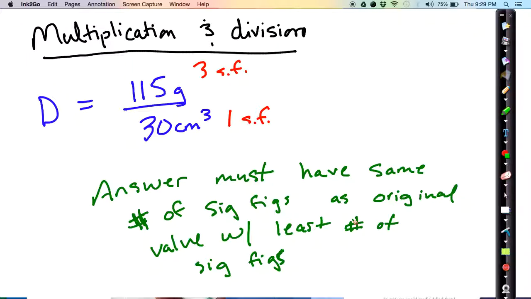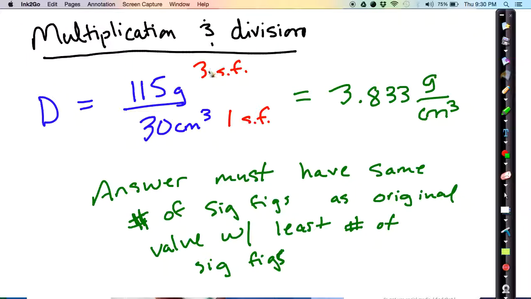So what we do, we go ahead and divide through 115 grams divided by 30 cubic centimeters. That's going to get us 3.833 grams per cubic centimeter. Now this is the unrounded value. I have to look at my original values in the calculation, and I have to round my final answer to the number of significant figures that matches the lowest number of sig figs of the original values.